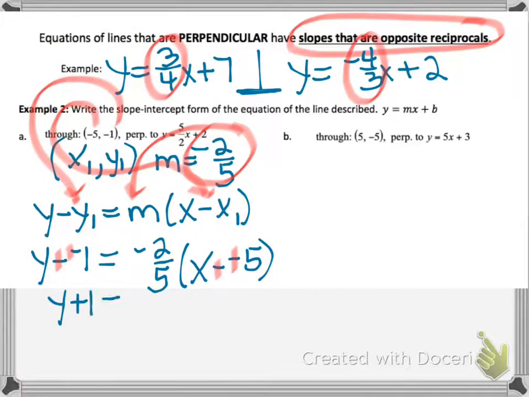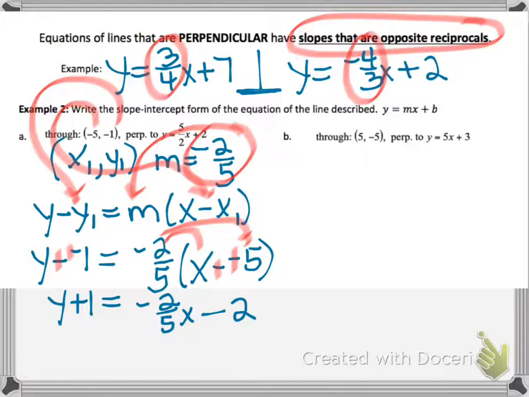right, on this side. And here I'm going to go ahead and distribute -2/5 to x, which would be -2/5 x, and then -2/5 to +5 is actually going to be -2. Because 5 times -2/5, the 5s would cancel and just leave you with -2.